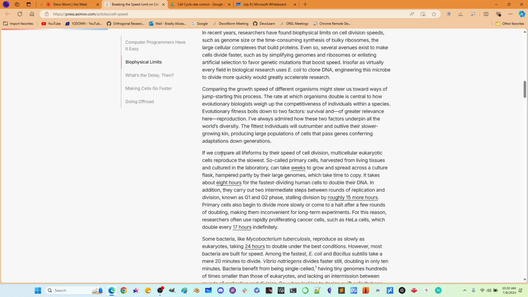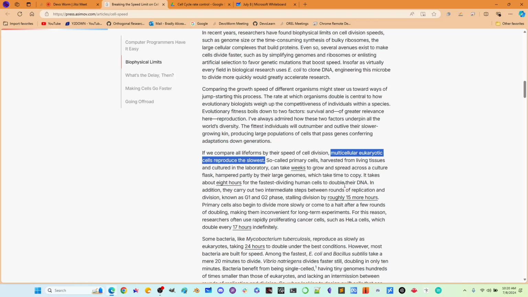And so if we compare all life forms by their speed of cell division, multicellular eukaryotic cells reproduce the slowest. We were just talking about prokaryotes and E. coli. Now, if we consider eukaryotic cells, which are maybe more interesting, especially for biomedical applications, it gives us an even harder time in terms of speeding up the division rate or the reproduction rate.